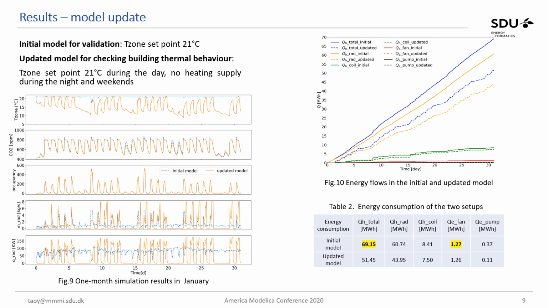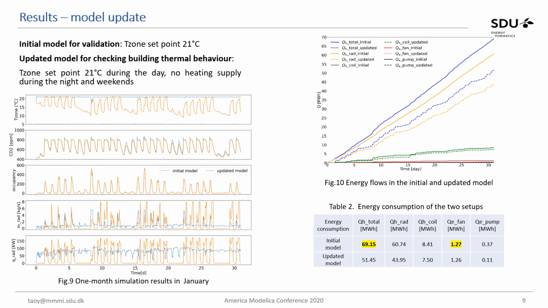So we changed to another set point of 21 during the day and low heating supply during night and weekend to just check how the building will perform, how the indoor temperature will evolve when there is no heating supply, which is showed in this orange curve here, and the comparison result is also showed here, and this figure also shows the data of this table.